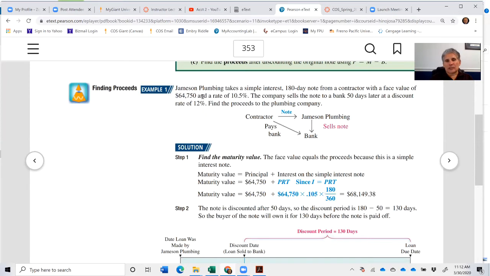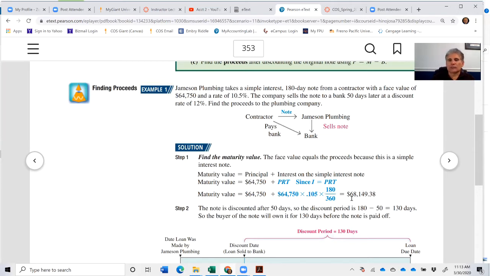The original loan was $64,750. PRT, principal times rate times time, 64,750 times 0.105 times 180 over 360. This computation, plus the $64,750, will give you $68,149.38.